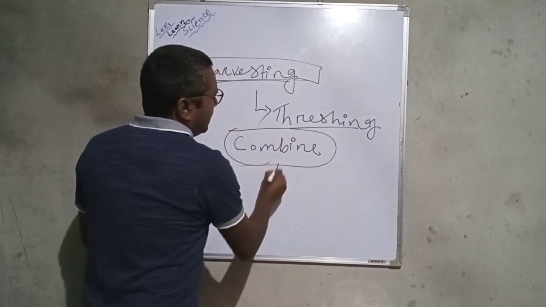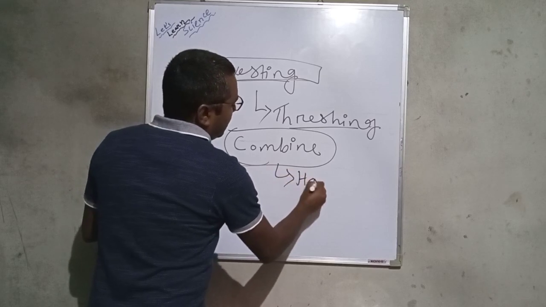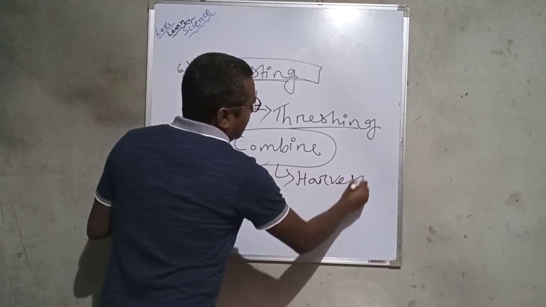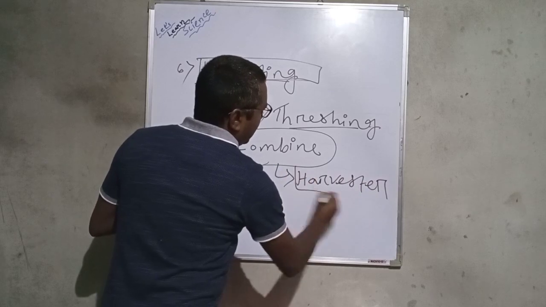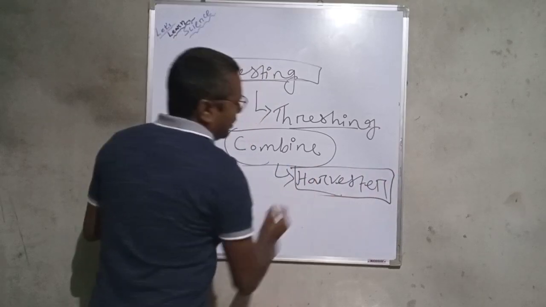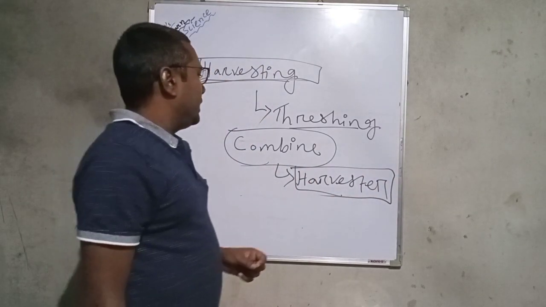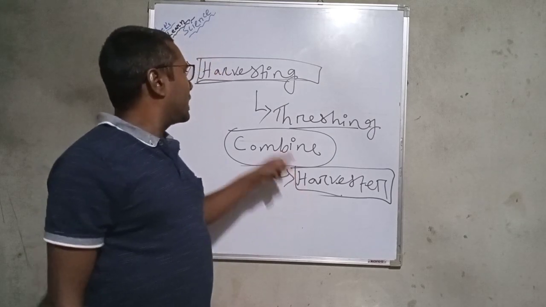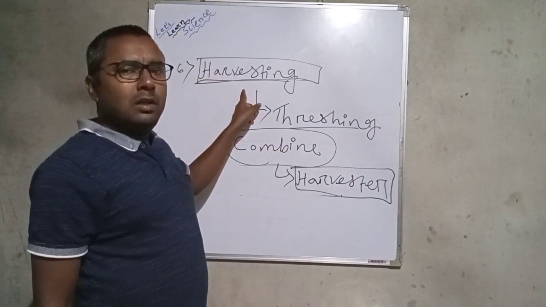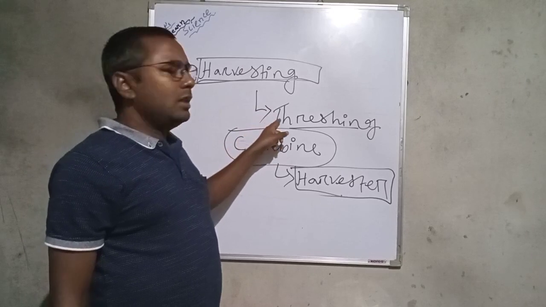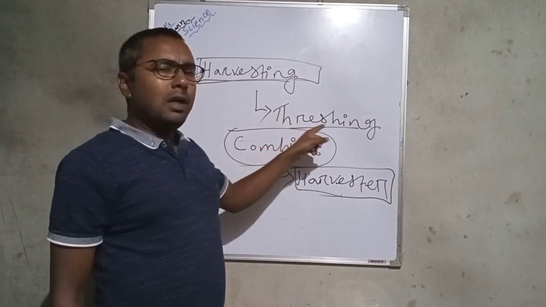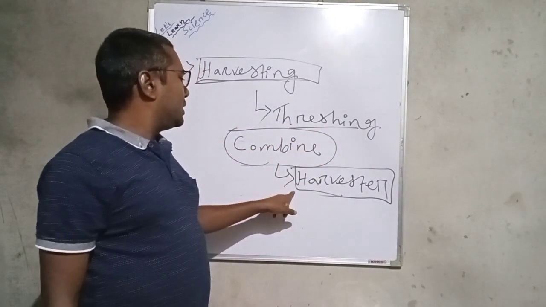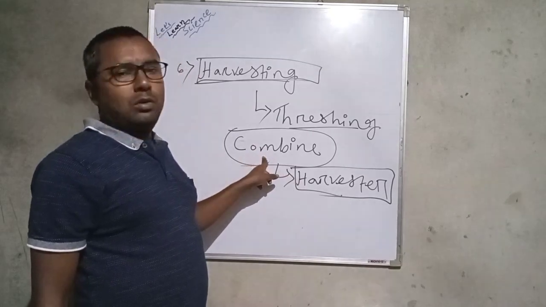Combine means nothing but harvester, because it does the dual activity. That means by using a harvester, we can harvest the crop plant as well as separate the grains from the crop plant. That's why the harvester is called combine.